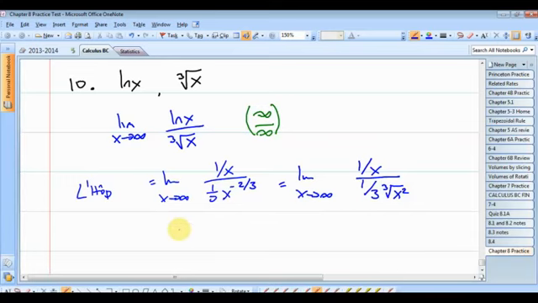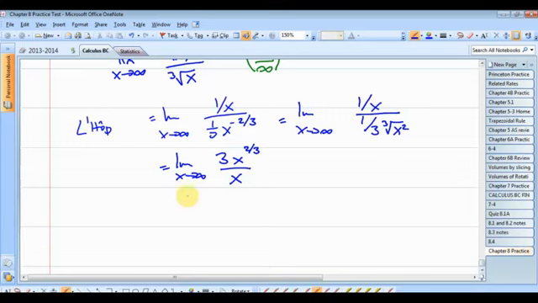Simplify again: that's the limit as x approaches infinity of 3 times x to the 2/3 power, over x. Simplify one last time: the limit as x approaches infinity of 3 over x to the 1/3 power.